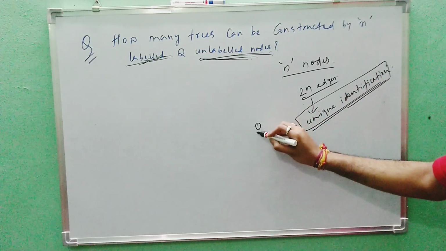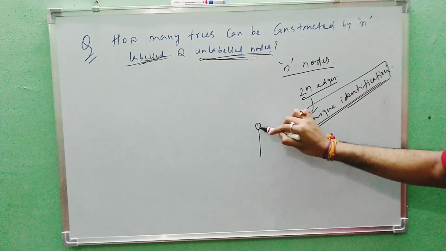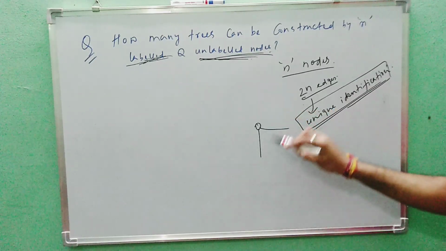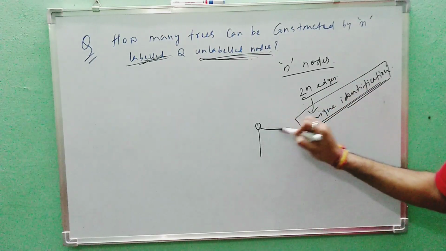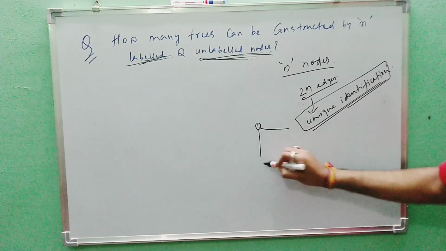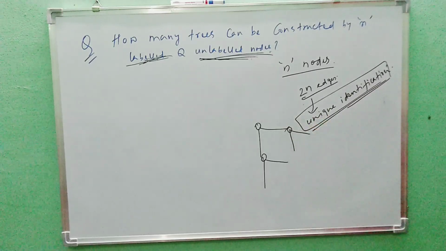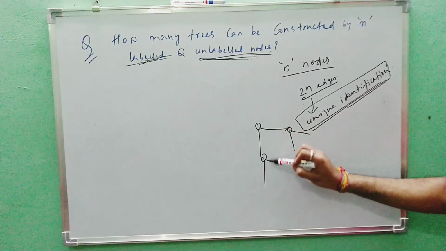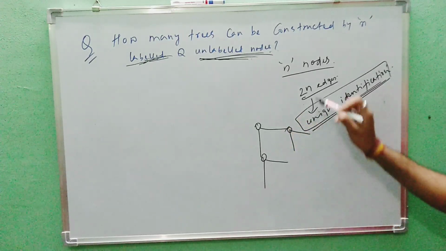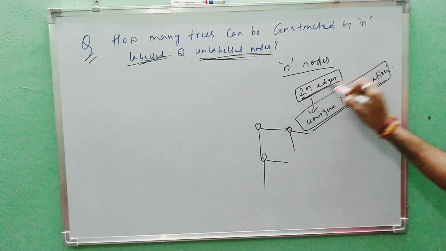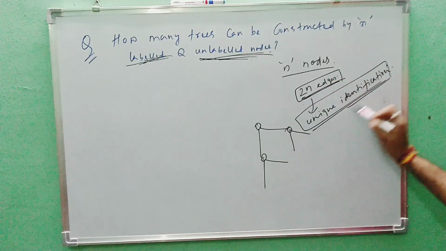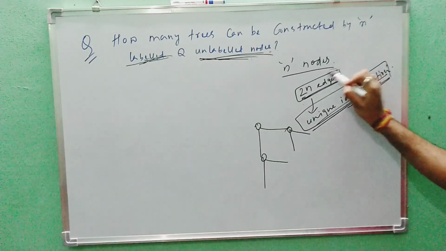If I consider, let's say, this edge, how many edges can be drawn? If you are talking about a tree, obviously 2 edges can be drawn here. If we consider 2 more nodes here, then 2 more edges can be drawn. So you can see that 2 edges can be associated with each node. So in that way we can have a total of 2n possibilities, or unique identifications of edges.